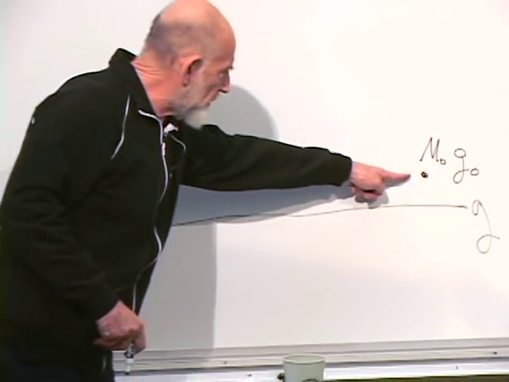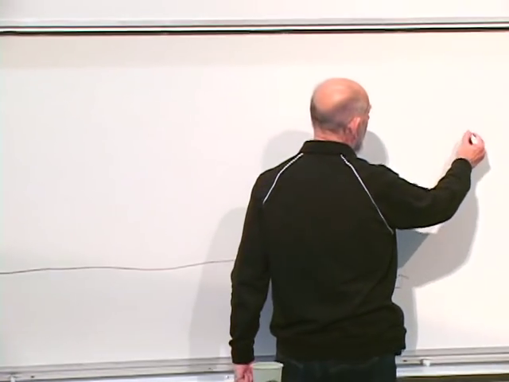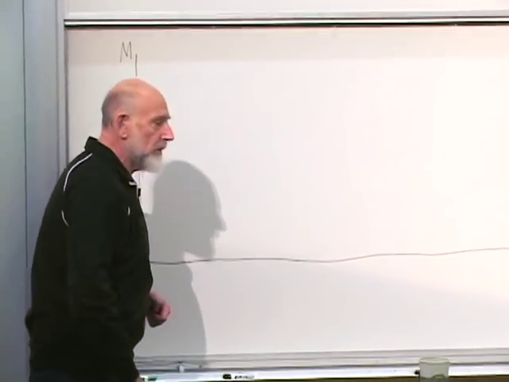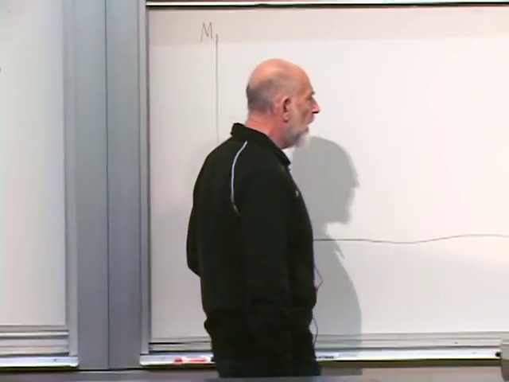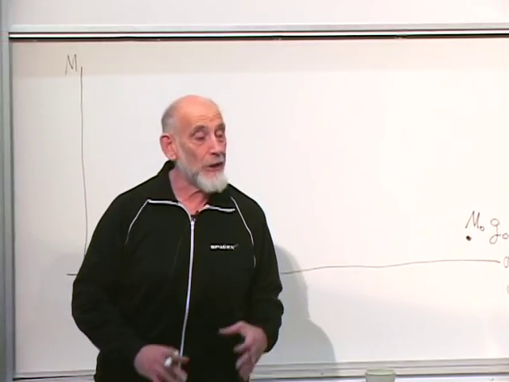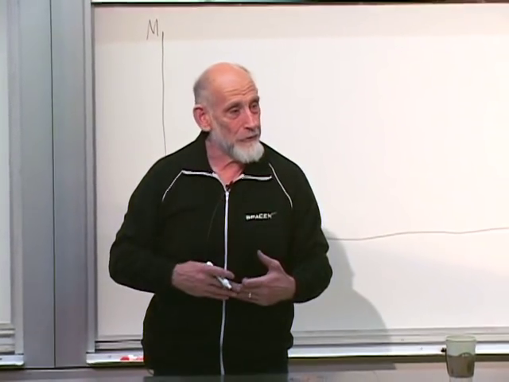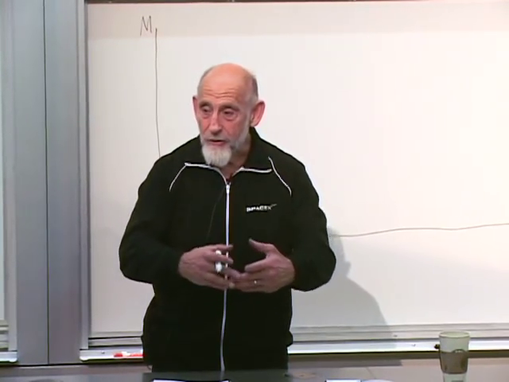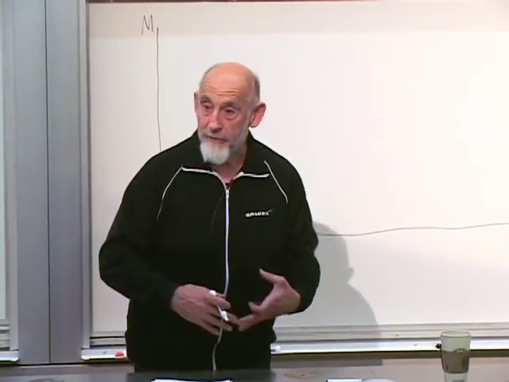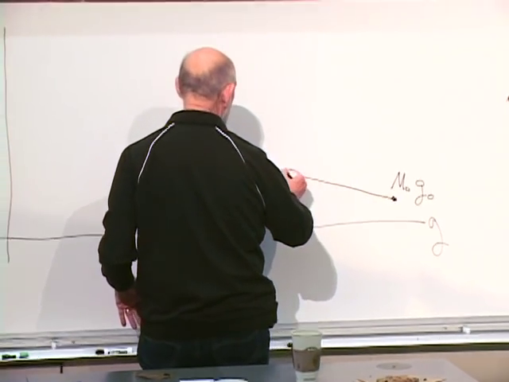We take this object, here it is, and we start decreasing G. What happens to the mass as we decrease G? As we decrease G, the negative gravitational energy disappears. So the mass increases. The mass increases because we're deleting the negative gravitational binding energy. And so the mass starts to increase.